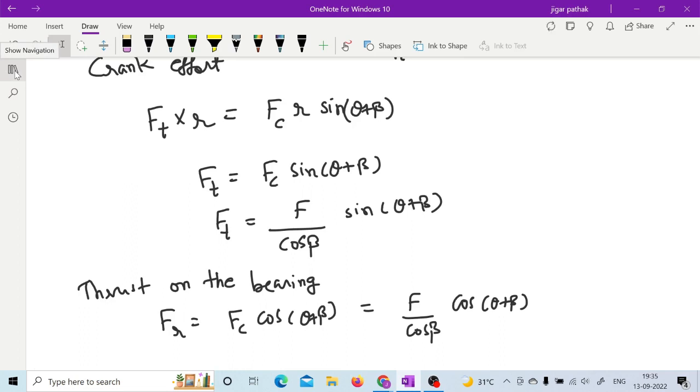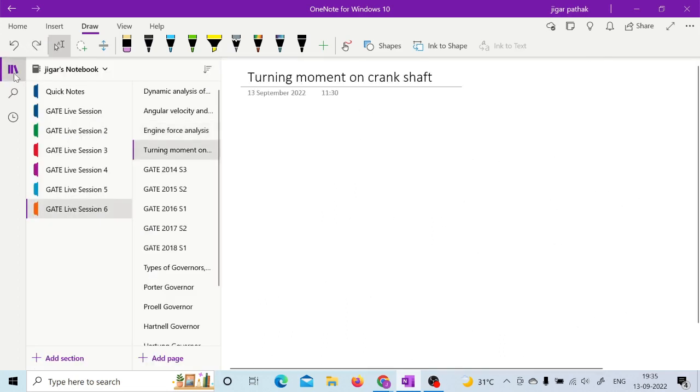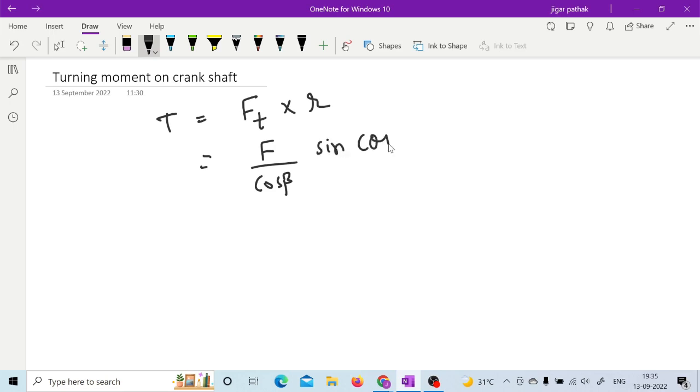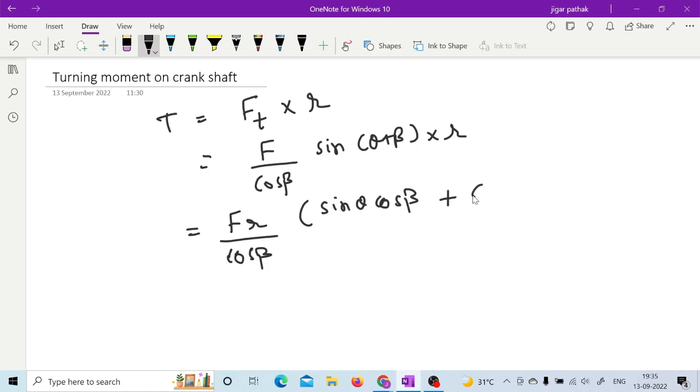So once you have this engine force analysis, you can also have idea about the turning moment on crankshaft, which actually we have written as Ft into R. So if you remember, Ft we have written as F upon cos beta into sin theta plus beta, right, into R. If you expand sin theta plus beta, then you can write it as sin theta cos beta and cos theta sin beta, right?